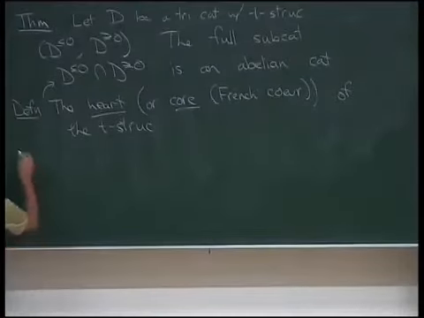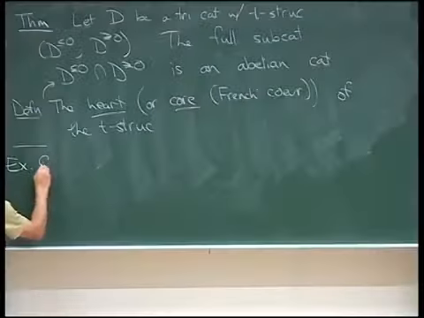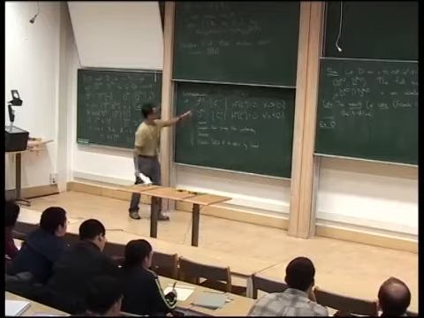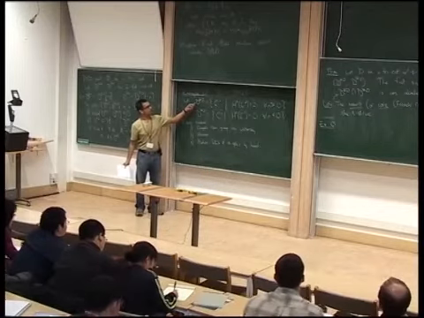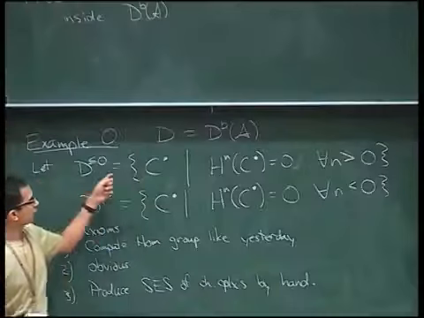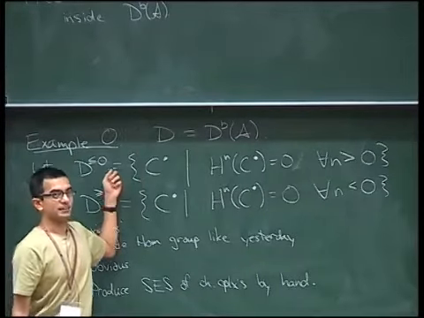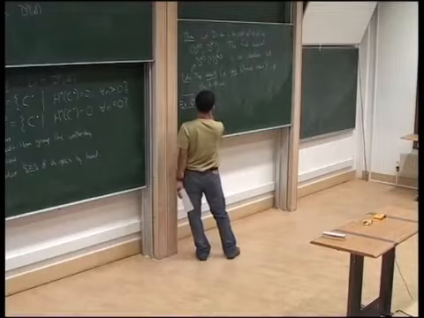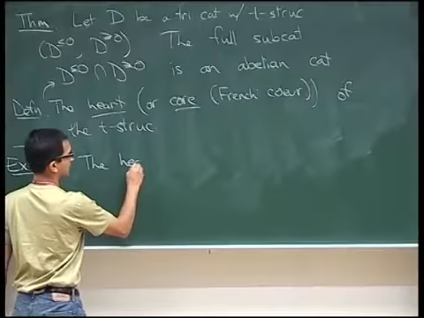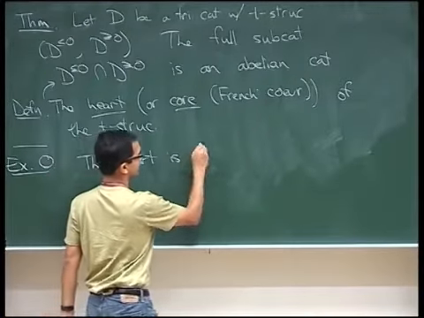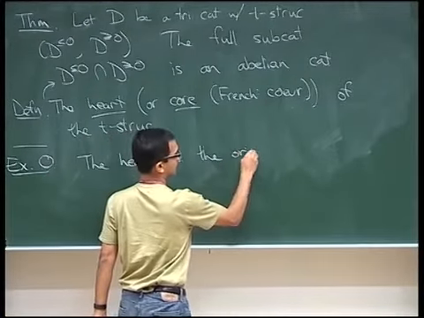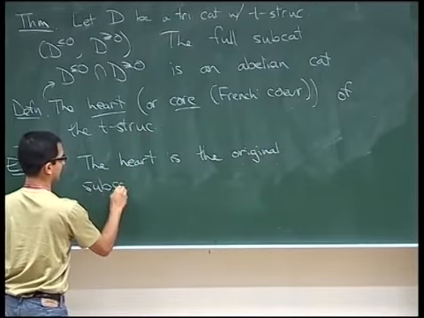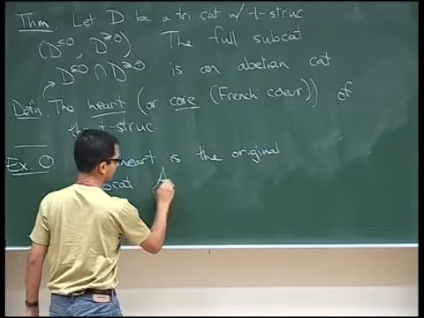So for example 0, well, what's the heart of the t-structure? It's going to be the full subcategory of chain complexes with cohomology exactly in degree 0. So that's just the original abelian category that we started with. So the heart is the original subcategory A.